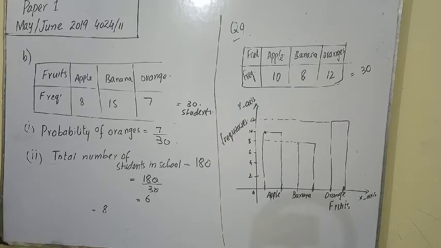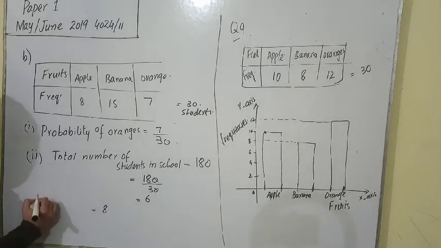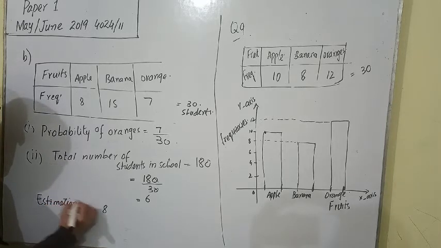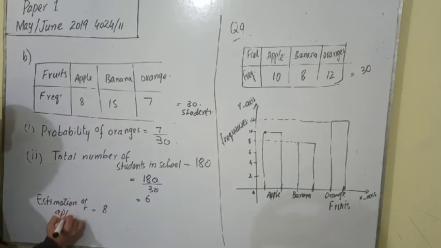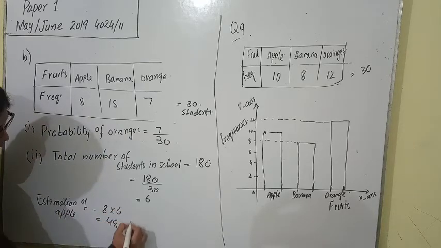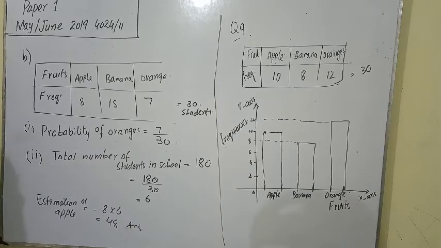So this is the estimation to choose an apple: 8 multiplied by 6 is 48. That is the answer for this part.